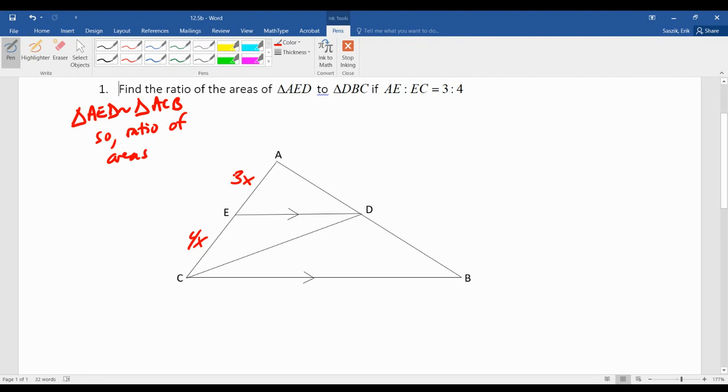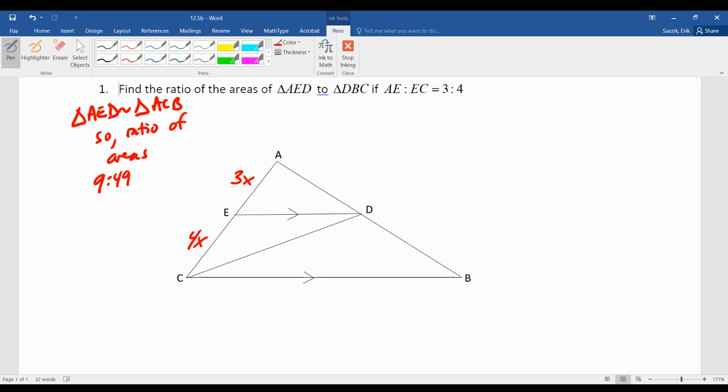So we're looking at 3 to 7 for the sides, so the areas would have to be 9 to 49 for those two triangles, the little one on the top, AED, and the whole thing. We're going to come back and use that 9 to 49 in a little bit.